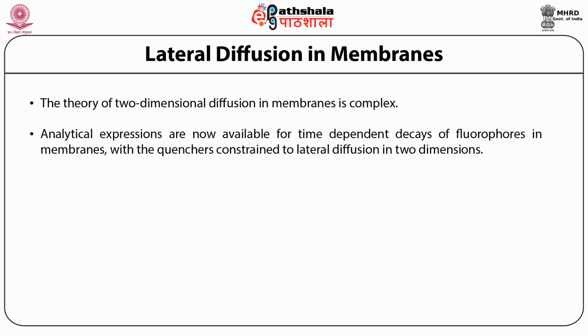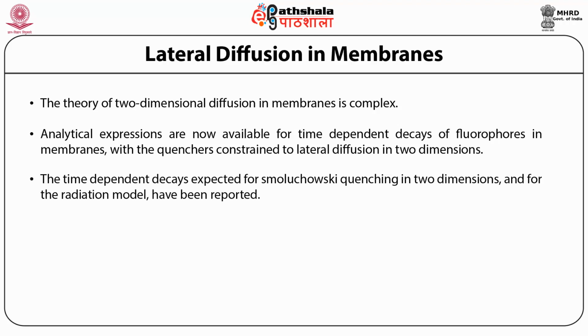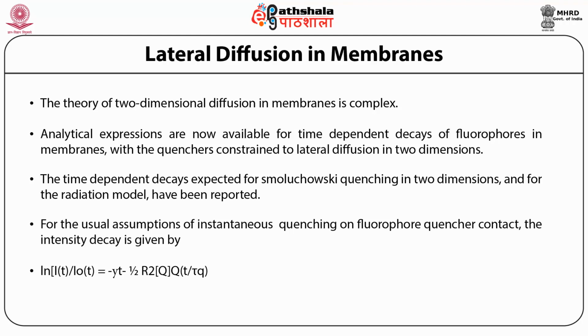Analytical expressions are now available for time-dependent decay of fluorophores in membranes with the quenchers constrained to lateral diffusion in 2 dimensions. The time-dependent decay expected for Smoluchowski quenching in 2 dimensions and for the radiation model have been reported. For the usual assumption of instantaneous quenching on fluorophore-quencher contact, the intensity decay is given by the equation mentioned.